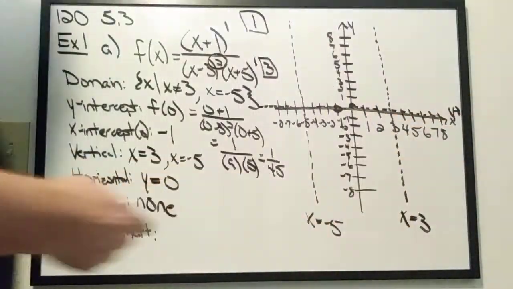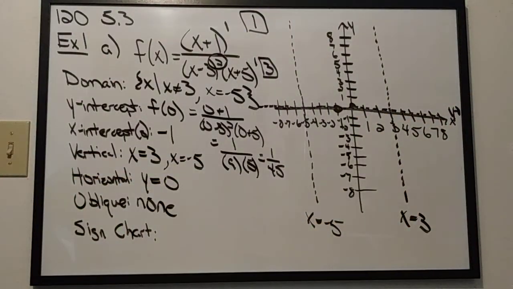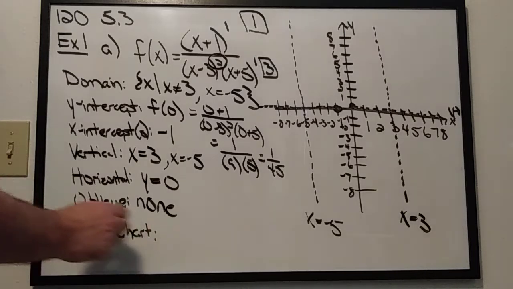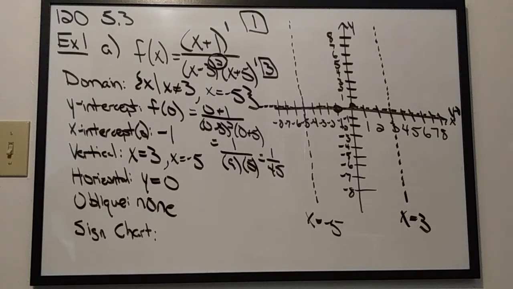And once again, y equals 0 is the x-axis. Now, at this point, we truly do have enough information that we could graph this graph. However, it's nice to be able to create something called a sign chart to give us just a little bit more information about how this graph comes together. And what I'm going to do is pause the video, erase, and then do a sign chart for you.